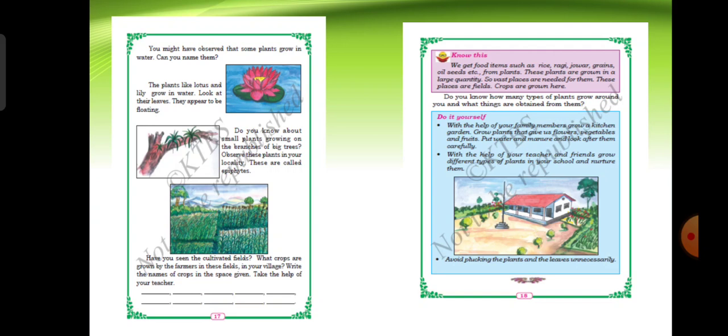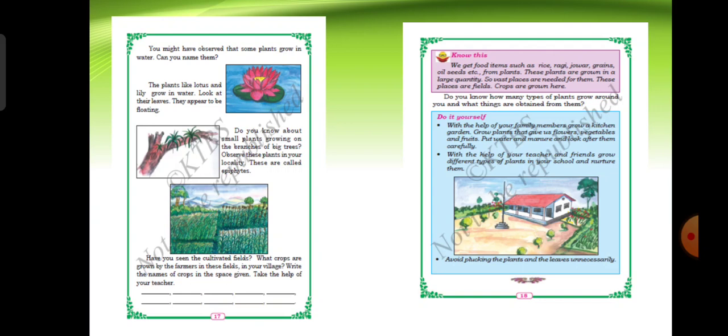Crops are grown here. Do you know how many types of plants grow around you and what things are obtained from them? So with the help of your family members, grow a kitchen garden, grow plants that give us flowers, vegetables and fruits. Put water and manure and look after them carefully.